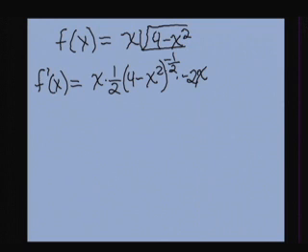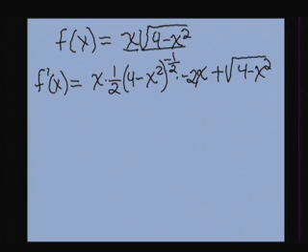And that's just the first half of this. Then what we need to do is add, taking the second function, which is square root of 4 minus x squared, times the derivative of the first function, which is just 1.